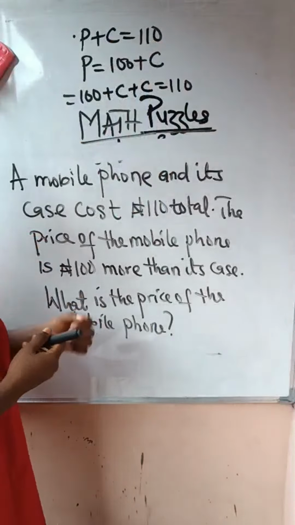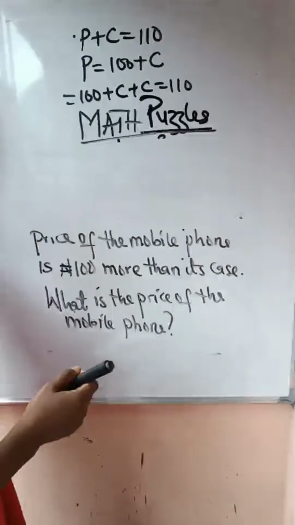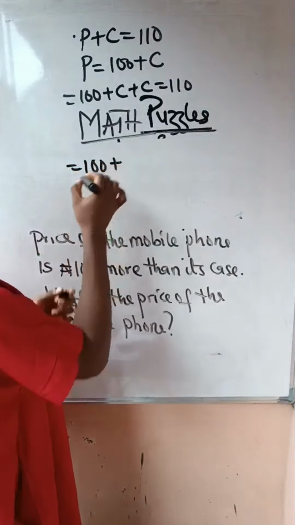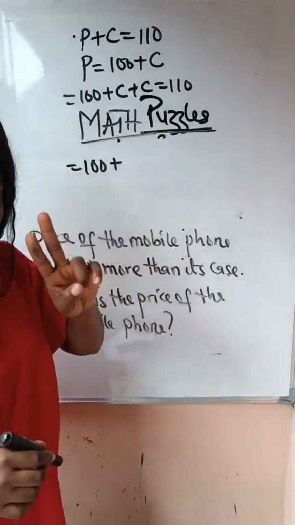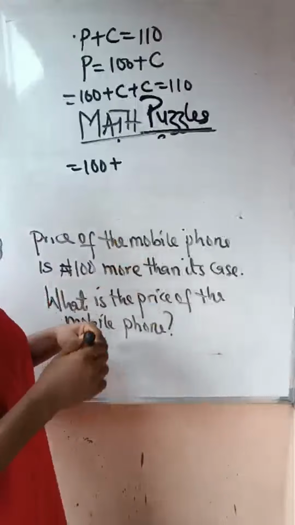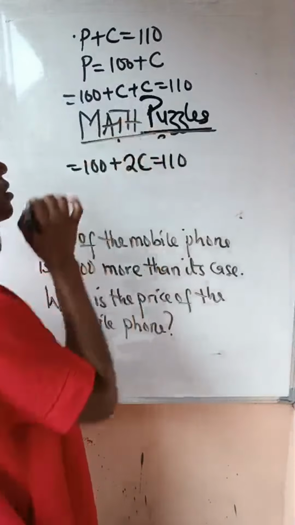So if we solve further, 100 plus C plus C is 2C, so we have 2C is equal to 110.